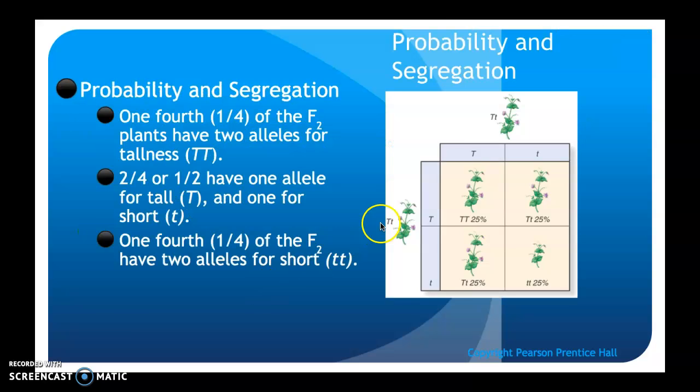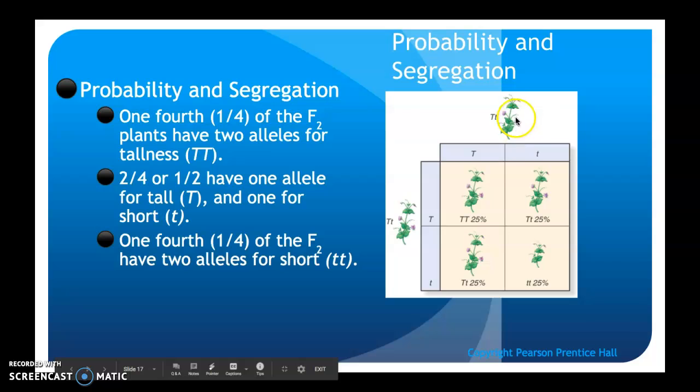So if you look at this picture, we have a tall pea plant on top and a tall pea plant on the left here. Big T, little t. I'm giving you the genotype. Big T, little t, big T, little t. When we make our Punnett squares, we're going to separate the big T on one side and the little t on the other. I will draw this out for you later.